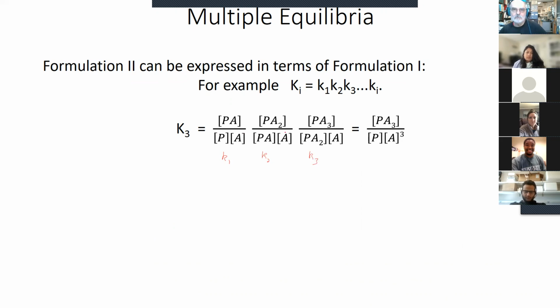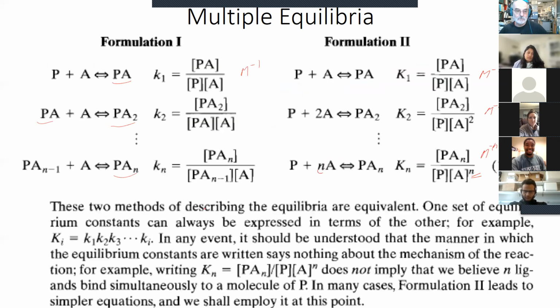And if you multiply them, the PA cancels, and the PA2 cancels, and you end up with PA3 over P times A cubed. Whatever you choose, all of these would cancel out to give you the same value as the overall constant. And so that's what that expression down here means.